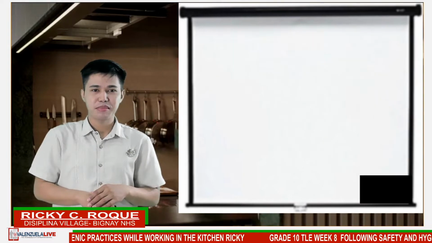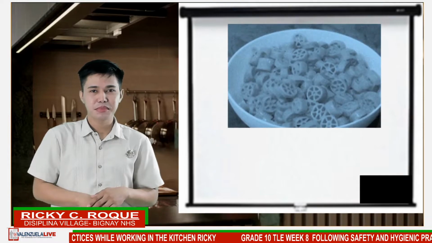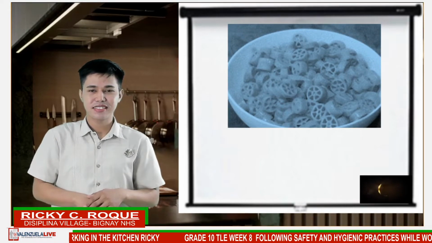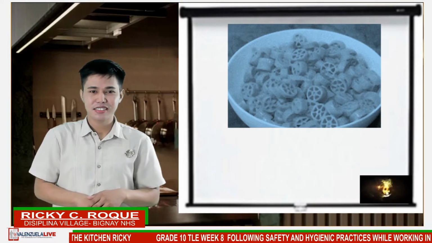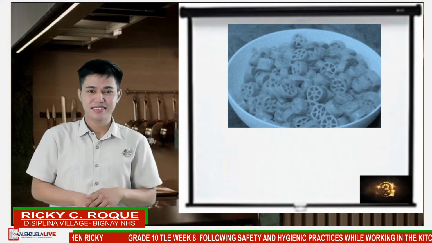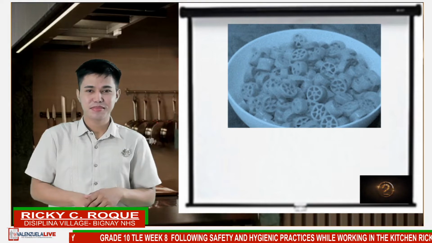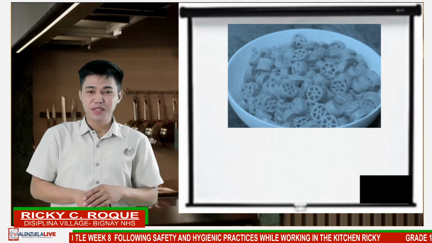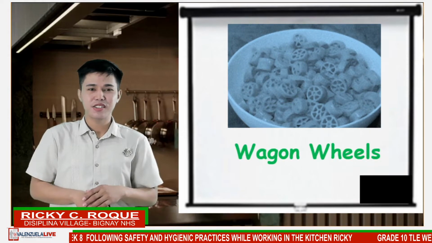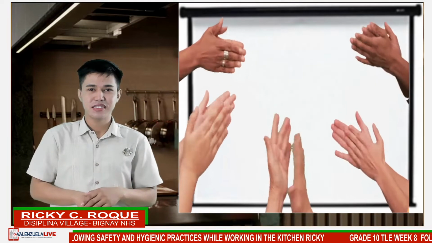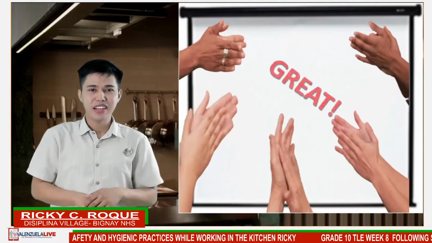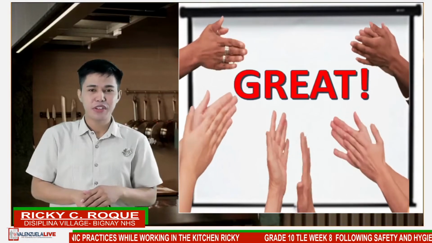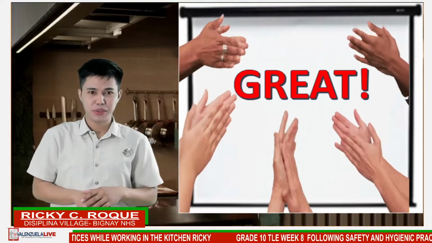Number 5, Gina Gina for 5 seconds. The answer is wagon wheels. Perfect. Great! I hope you remembered the previous lesson with the help of the different pictures presented to you.